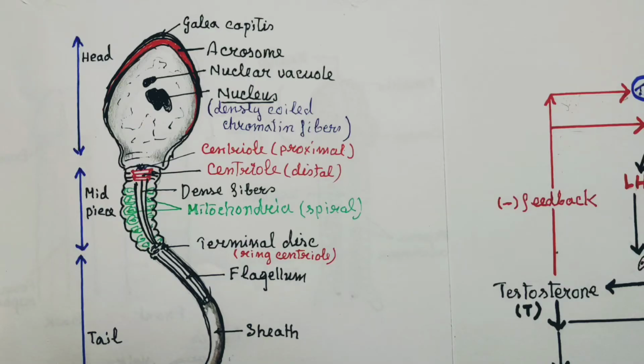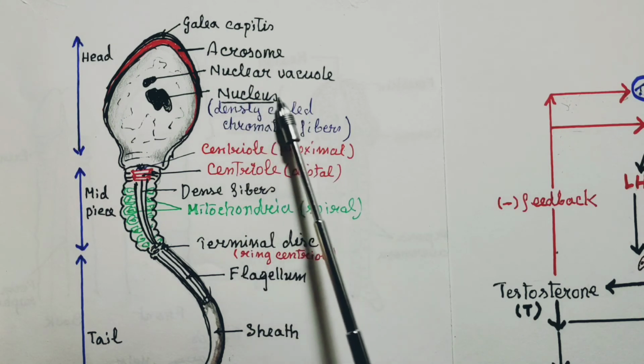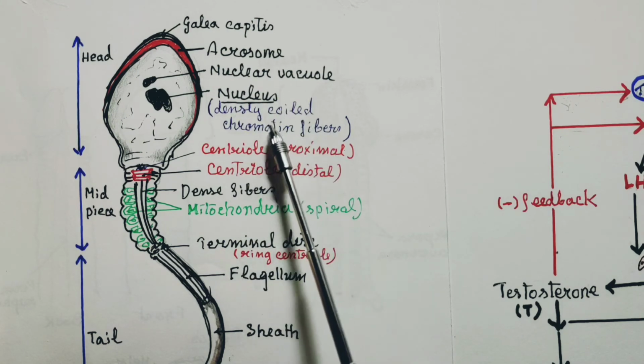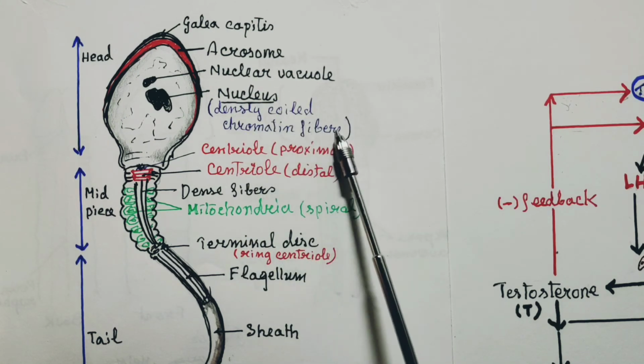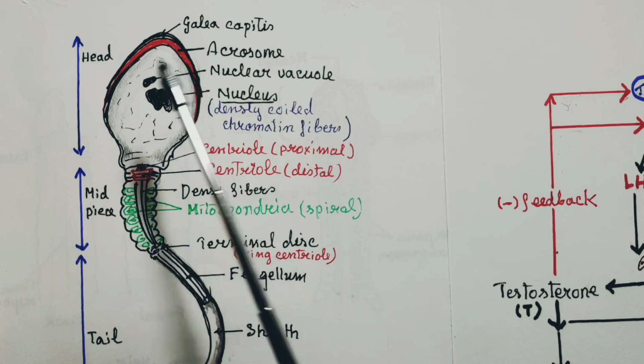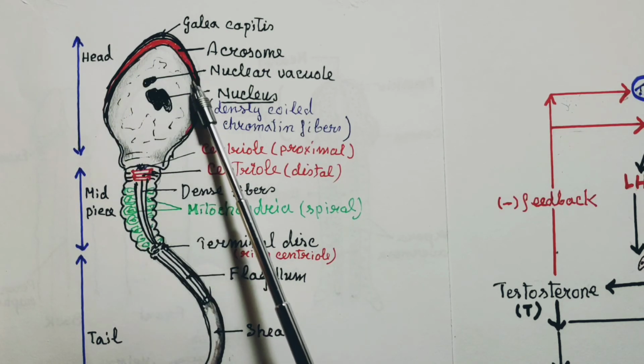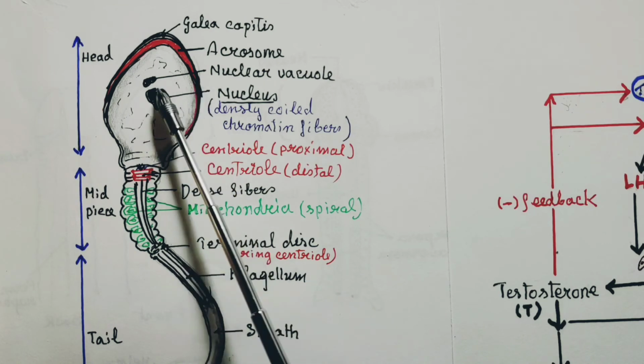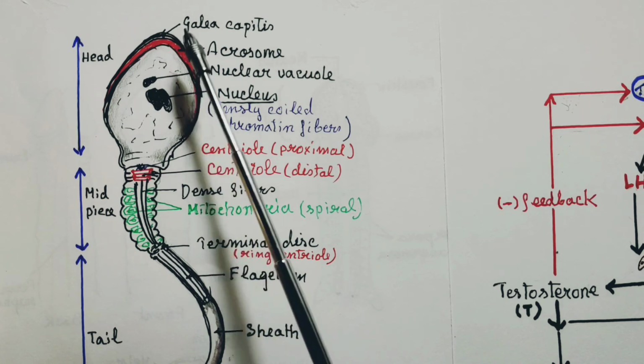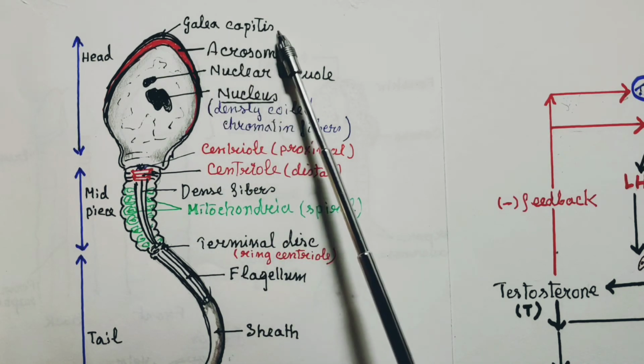Let us again revise. The nucleus of the sperm cell contains very densely coiled chromatin fiber. And this acrosome is a sac which is placed anteriorly just above the nucleus. The cap-like portion is known as galea capitis.